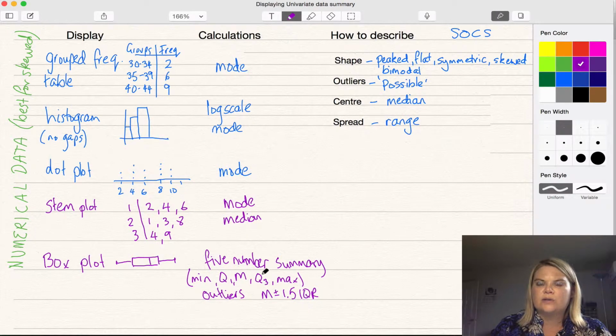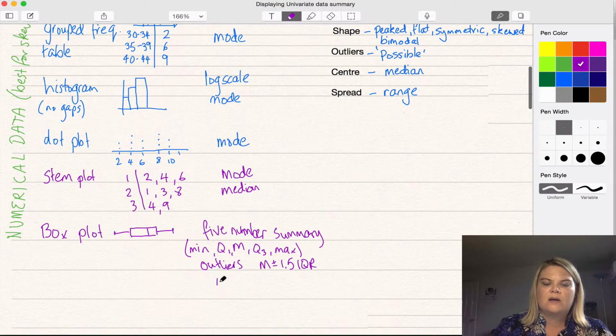Q1 and Q3 are the quartiles, first quartile, third quartile. The second quartile is the median. And you can also calculate the outliers accurately by using the median plus or minus 1.5 times the interquartile range. And the interquartile range is the difference between Q3 and Q1.